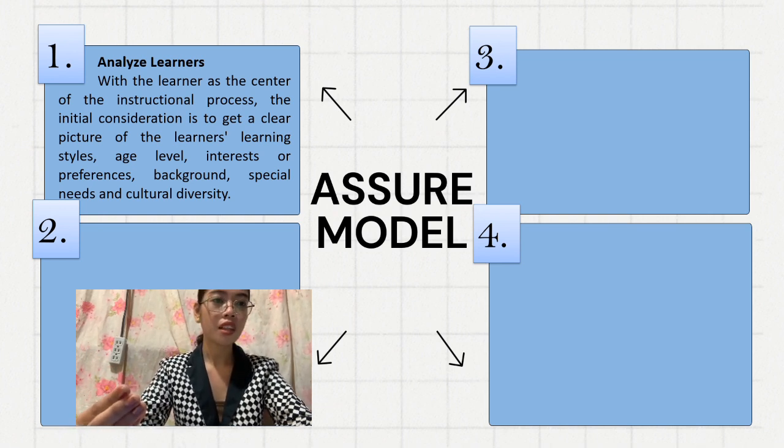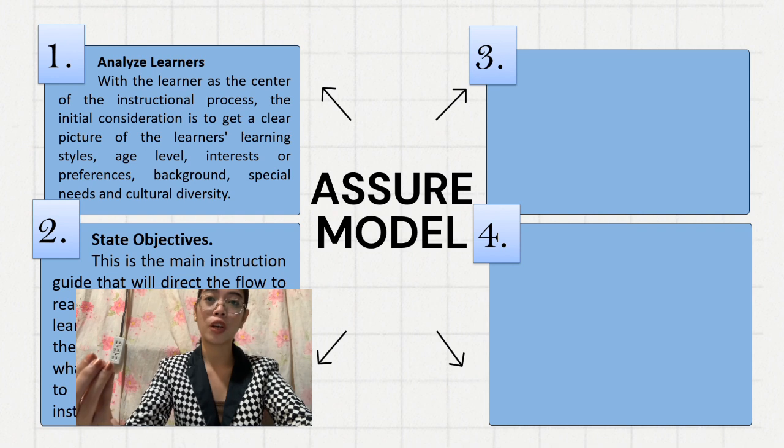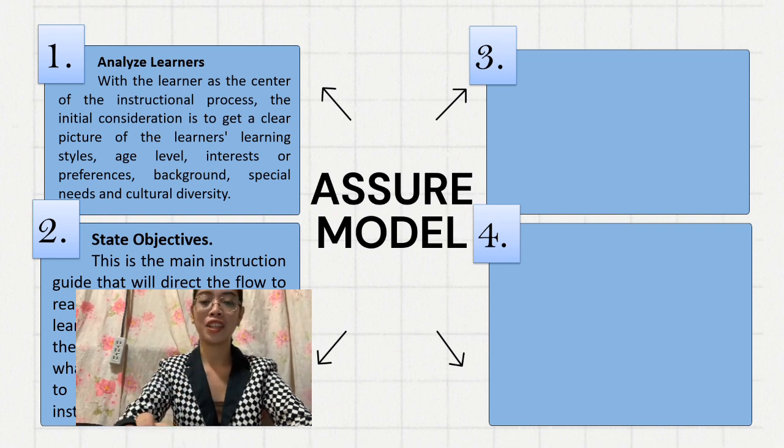And in order for us to assess learning needs sa mga estudyante, i-consider na to ang ilahang mga learning preferences and kanalabi na sa ilahang mga learning pace, difficulty level, and motivation. So mao na siya ang analyze learners.